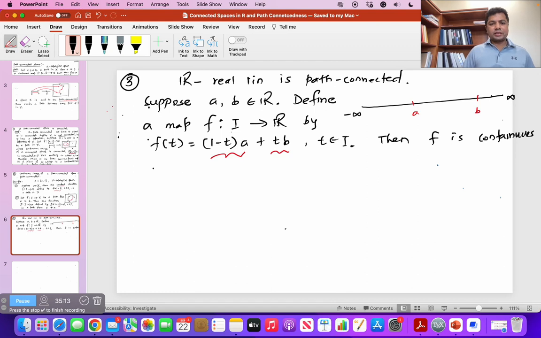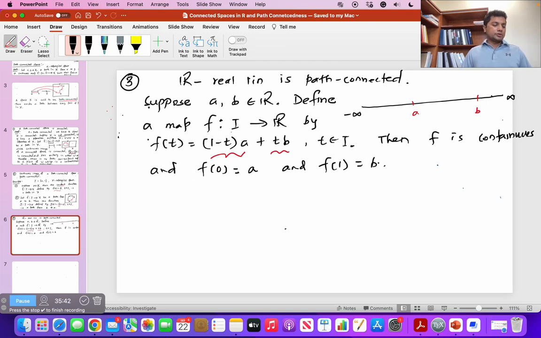Continuity is not enough. f of 0 has to be a. So you plug in 0 for t here, and the second part becomes 0, so we get f of 0 equal to a. Then f of 1 has to be b. If you plug in 1 for t here, the first part is 1 minus 1, which is 0, and the second part is simply b.